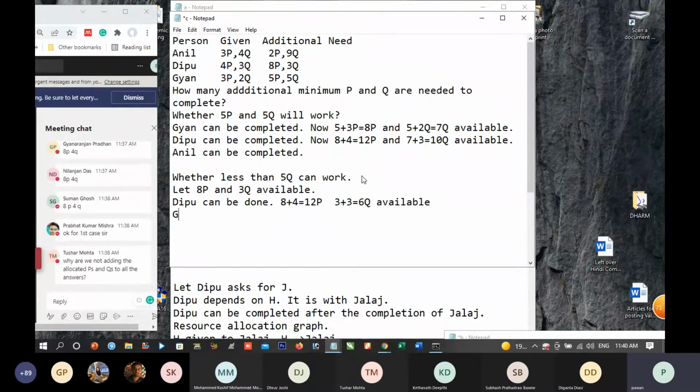Gyan can be done. So 12 plus 3 equal to 15. 6 plus 2 equal to 8Q available.